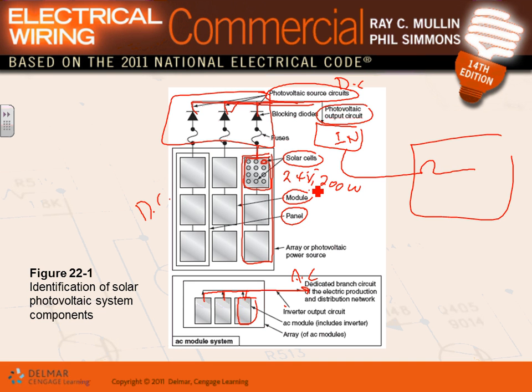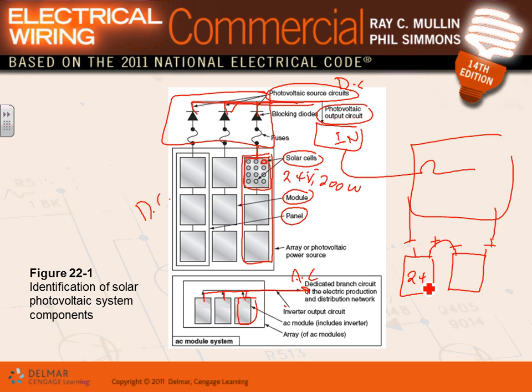Each one of these panels has a watt and a voltage. How do they make the voltages add up? Very simple. Each one of these panels, guys, has a positive, negative. Here's another panel, a negative and a positive. So when you tie these two together, negative to positive, you come out of here.